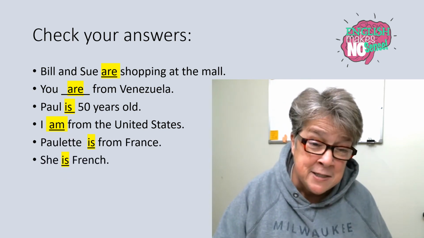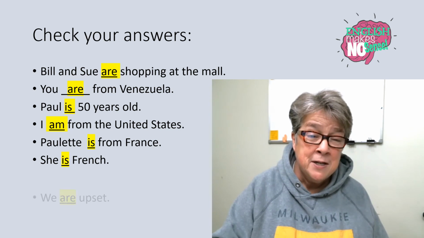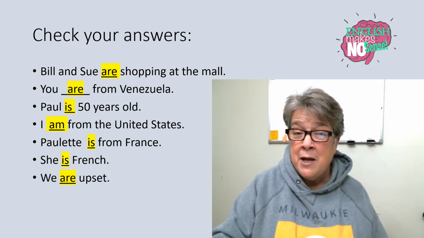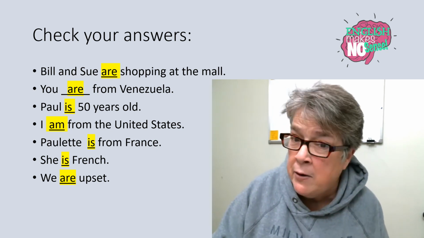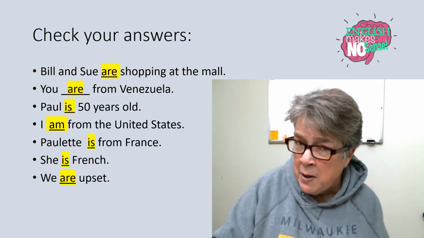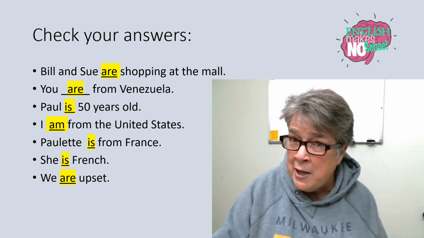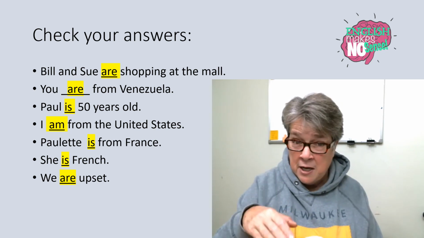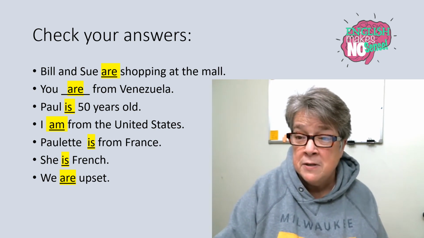She is French. We are upset. Okay, this time we had 7. How did you do? If you got 5 or less, you might want to review. But I bet you got all 7 of them correct.